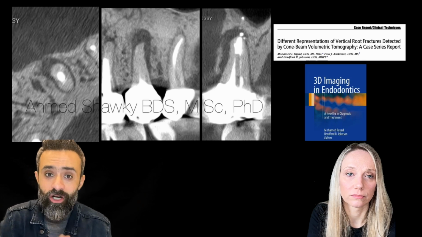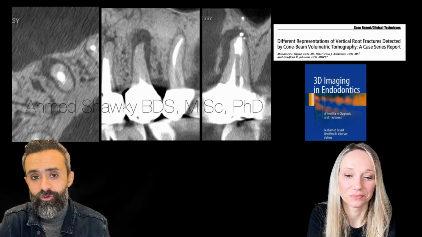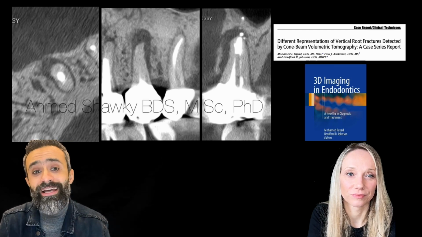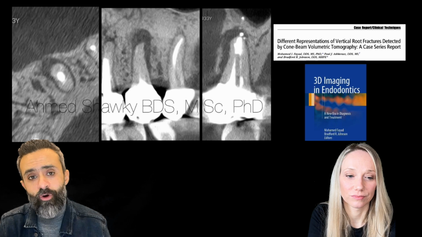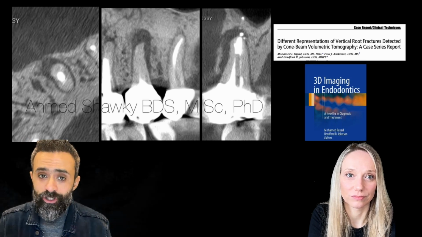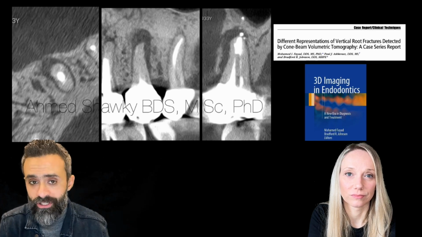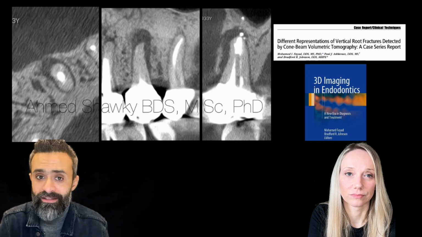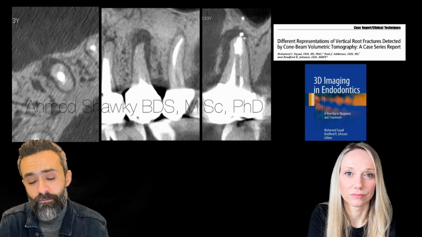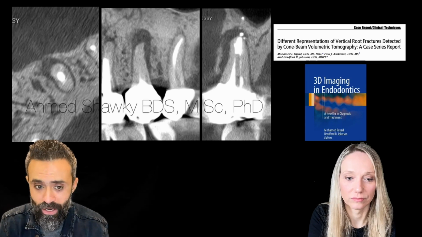When you have a large post in one of the root canals and you have a radiolucency inside the bone opposite to the end of that post, that is another indication for the presence of a vertical root fracture. Those signs are highly suggestive, not necessarily concluding 100%, but they give an idea about the high possibility, and they can be present all together in one tooth or one by one.